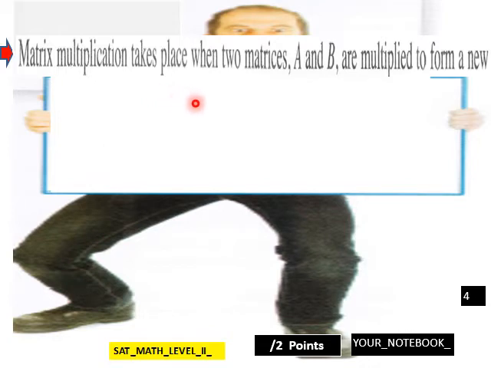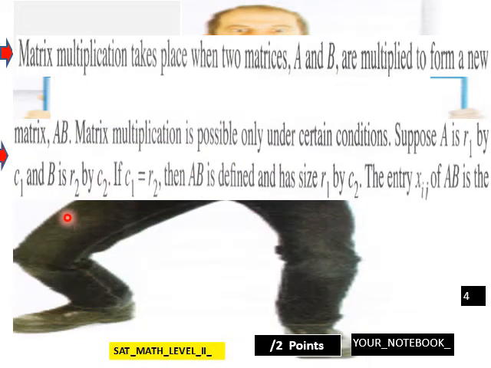Matrix multiplication takes place when two matrices, A and B, are multiplied to form a new matrix, AB. Matrix multiplication is possible only under certain conditions. Suppose A is R1 by C1 and B is R2 by C2. If C1 equals R2, then AB is defined and has size R1 by C2.